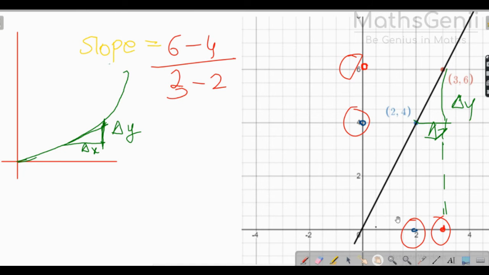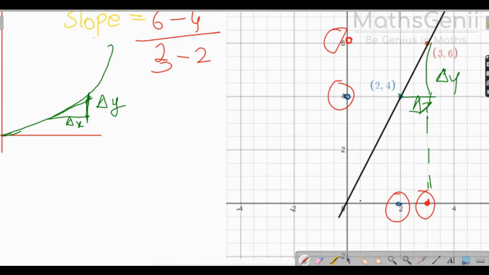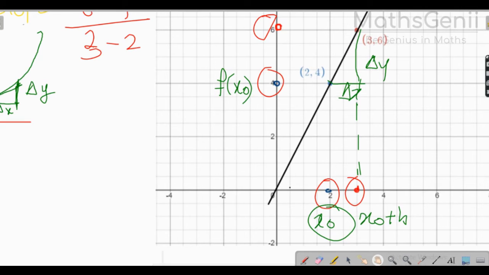this point, now I'm renaming. Suppose this point is your x naught. This point is x naught plus h. Okay, now 2 comma 4. So if this is x naught, this is f of x naught. If this is x naught plus h, then this is f of x naught plus h.